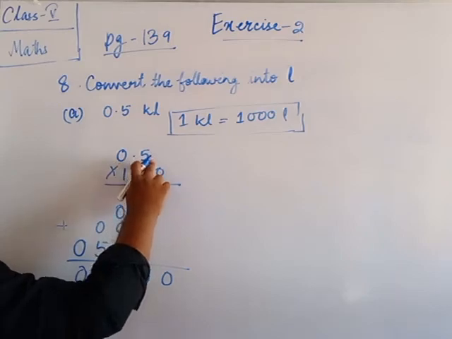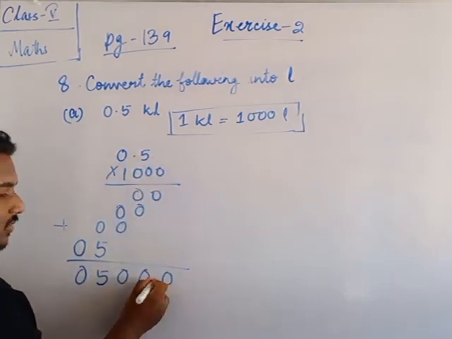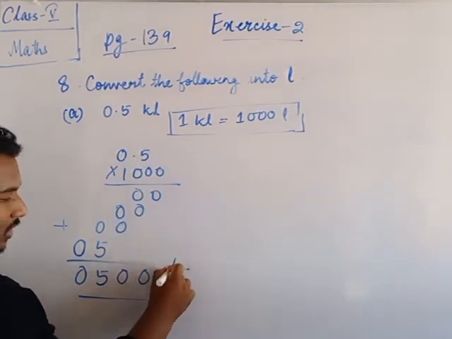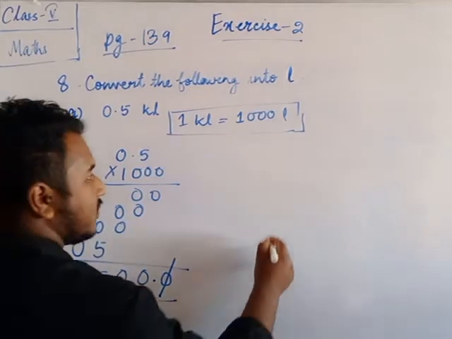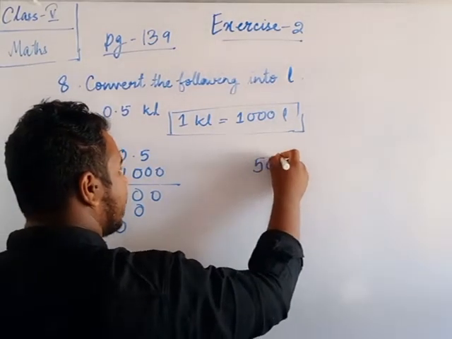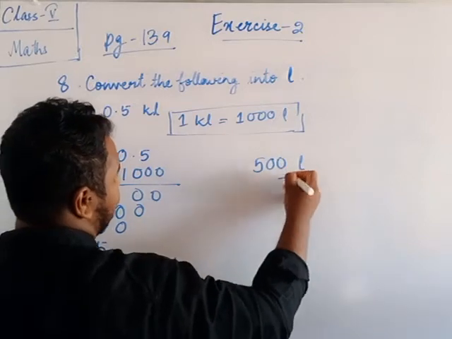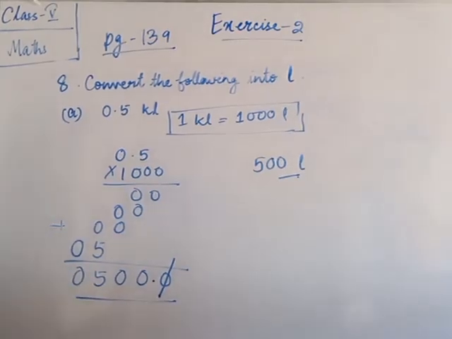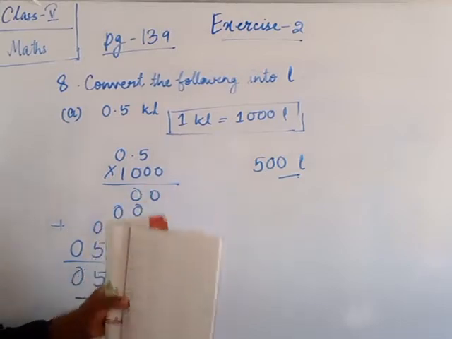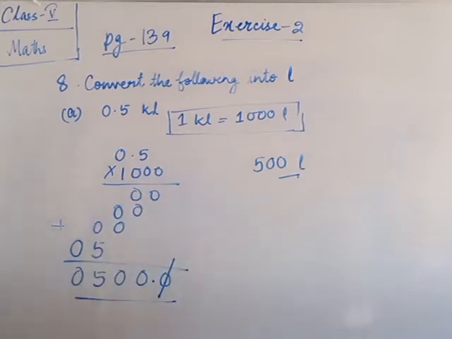After point, 1 digit from right side, 1 point. Cut this 0. Finished. 500 liter. This is your answer. Understood? Okay, 500 liter you have to do. Simply you have to multiply 1000 in every case.